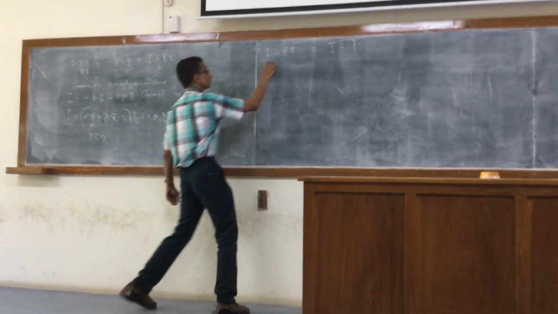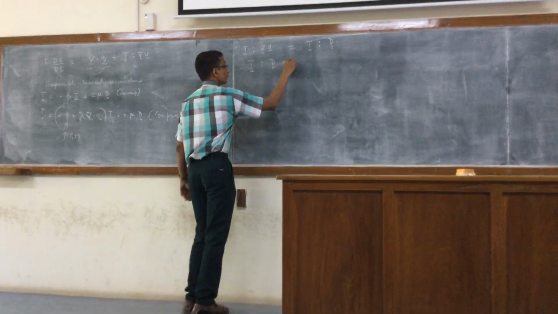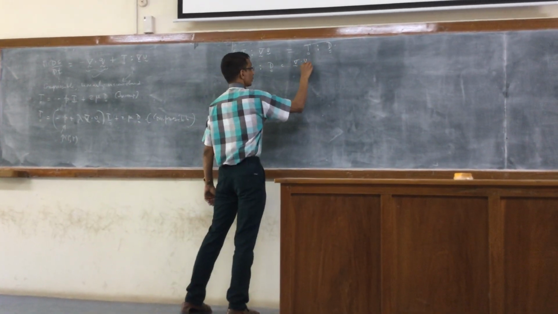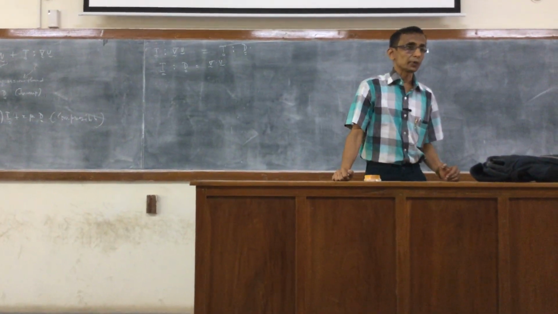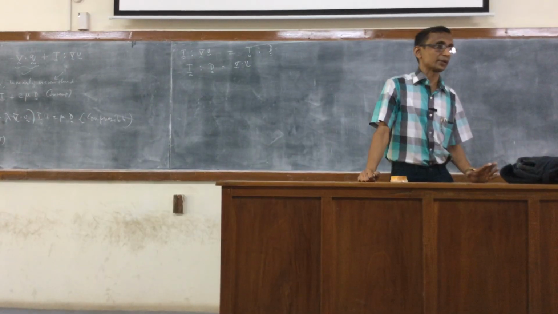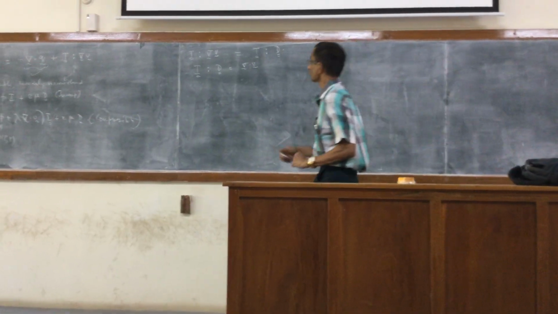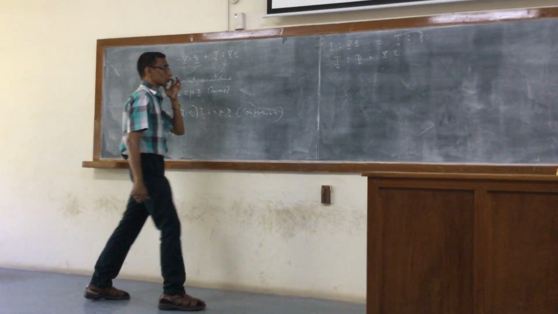We have already also seen that this would become zero for the incompressible fluid, but here we have to retain this because the divergence of the velocity field is not zero.